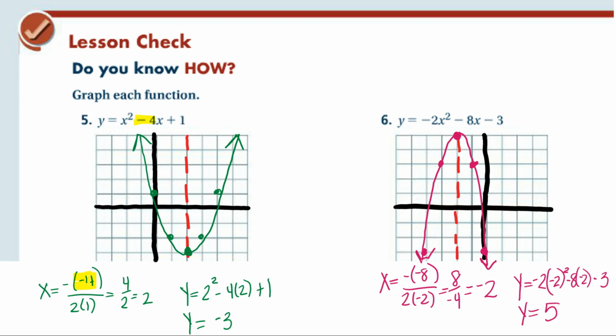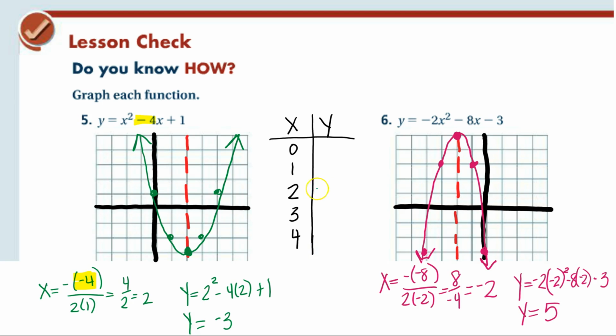And then I didn't show the whole t-chart here, but if we do a t-chart, do your x and y values. I know that 2 is going to be in the middle here, so I'm going to do 1 and 0, 3 and 4.